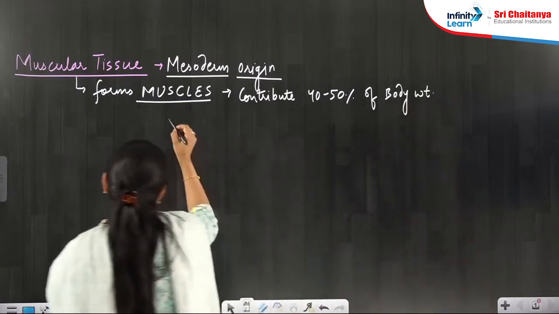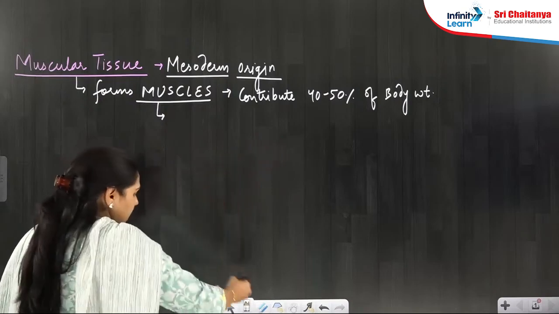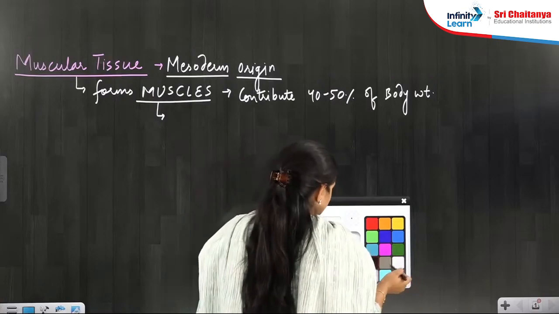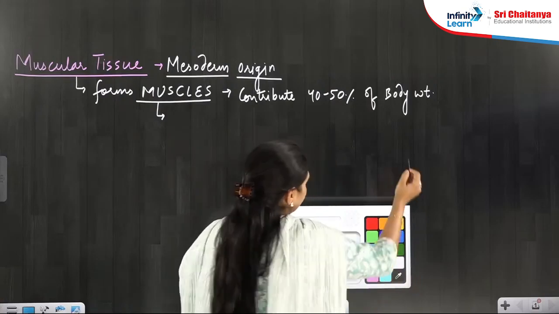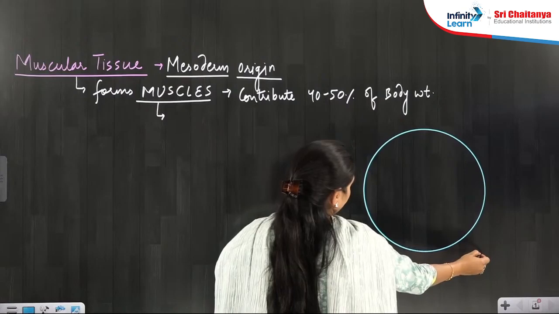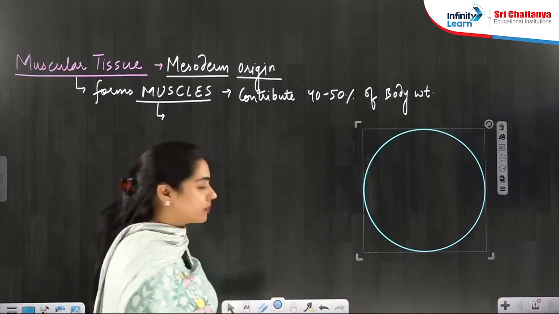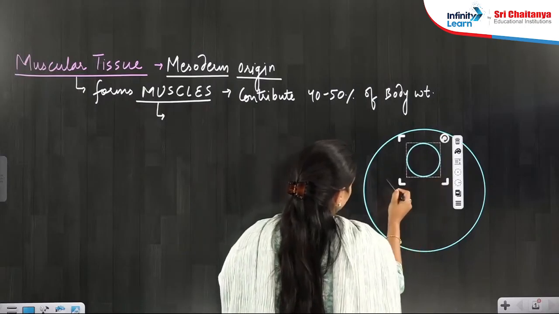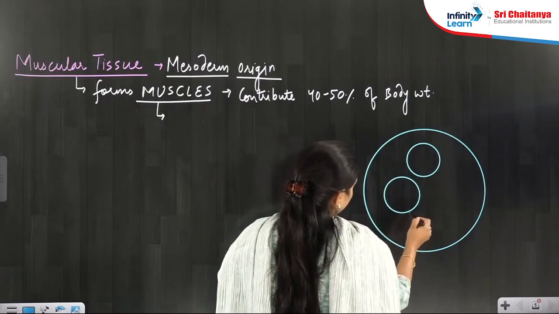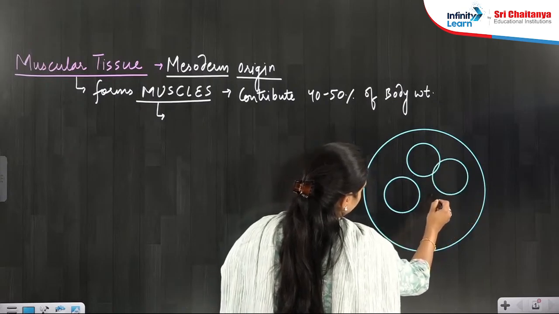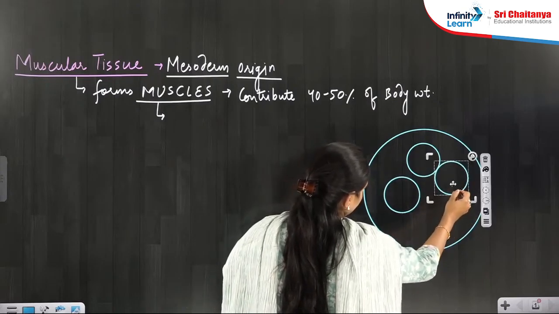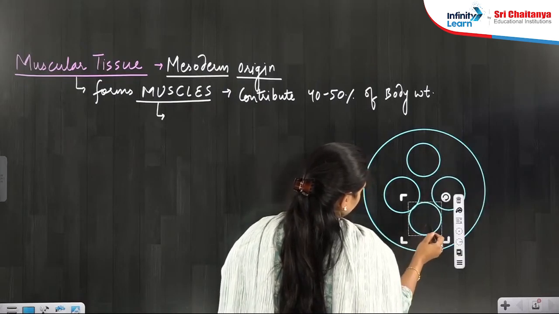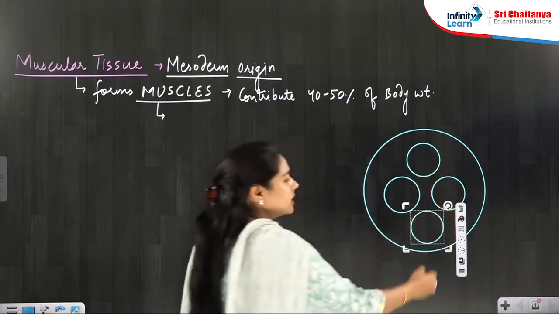Now I will make a diagram, and with its help I will tell you that the muscle is made up of muscle bundles. Let us suppose this is a muscle, and in this muscle there are so many muscle bundles: this is one muscle bundle, this is another, and another.